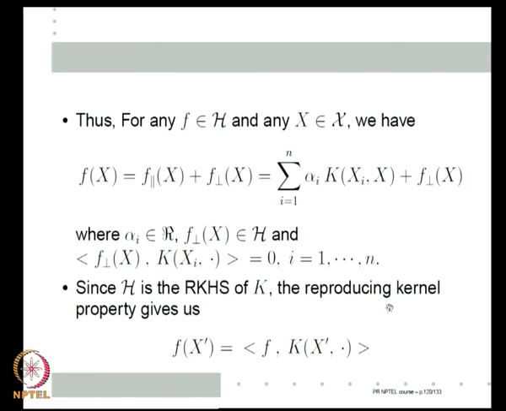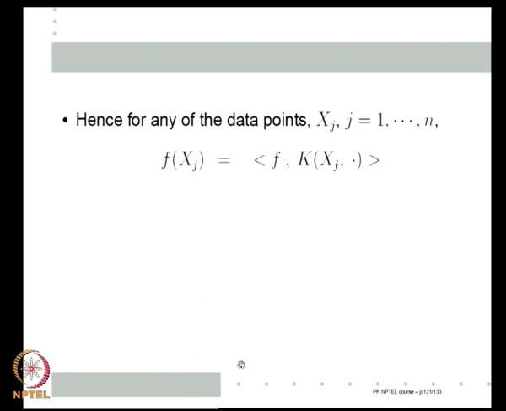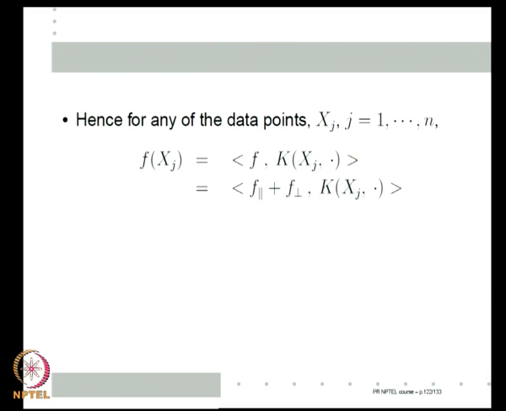Since H is an RKHS, the reproducing kernel property gives me f(x prime) is the inner product of f and k(x prime, ·). The inner product of f and k(x prime, ·) is f(x prime), which means if I take any data point xj, f(xj) is the inner product of f and k(xj, ·). F is f parallel plus f perpendicular.